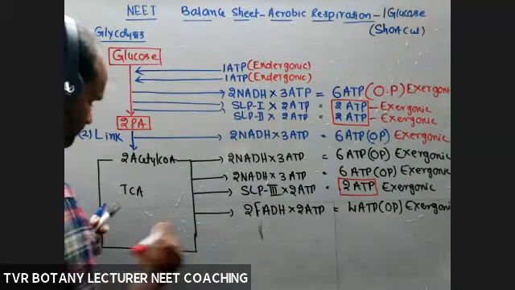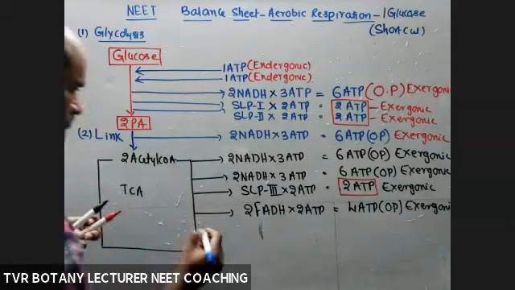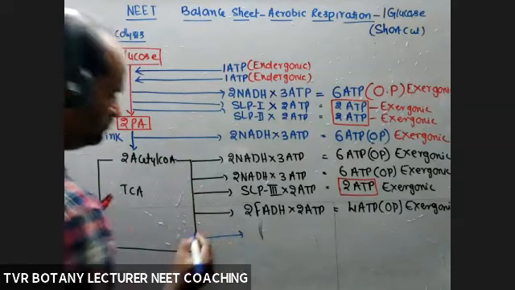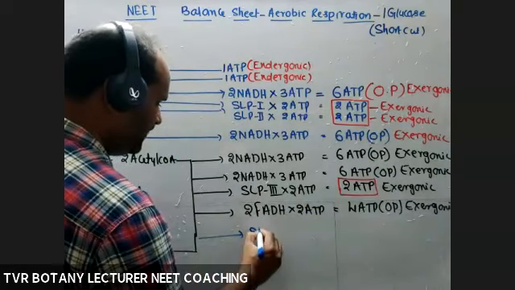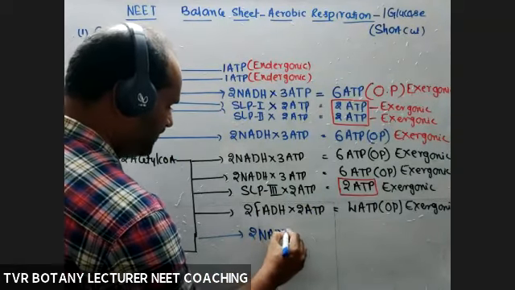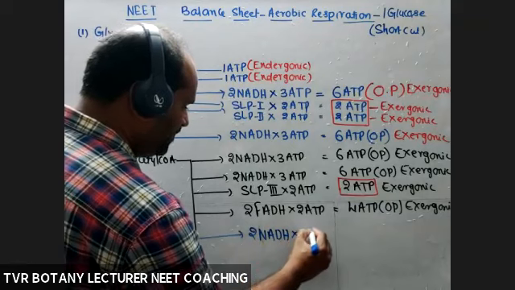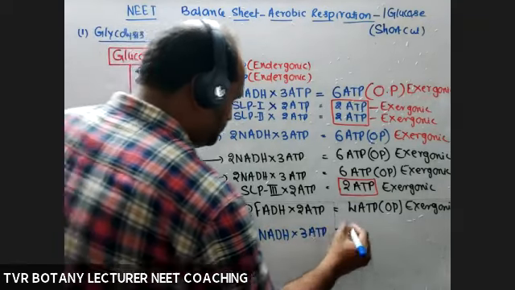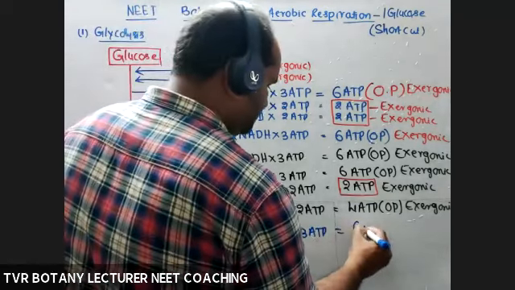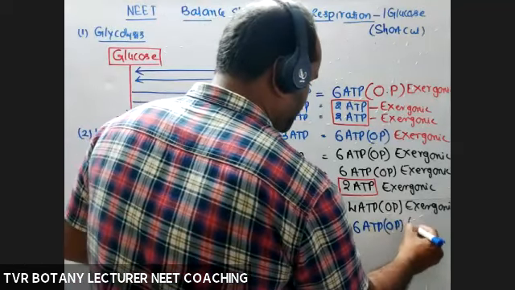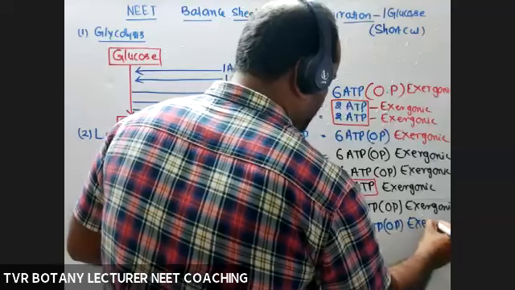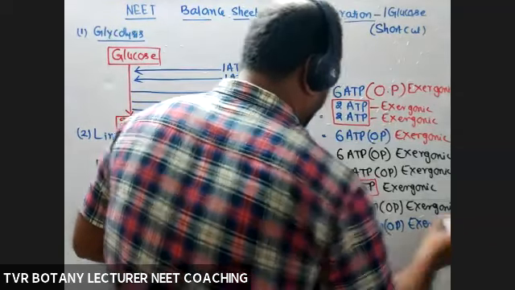And last one, 2 molecules of NADH, 3 molecules of ATP each, 6 molecules of ATP, indirectly OP, that is an exergonic reaction.